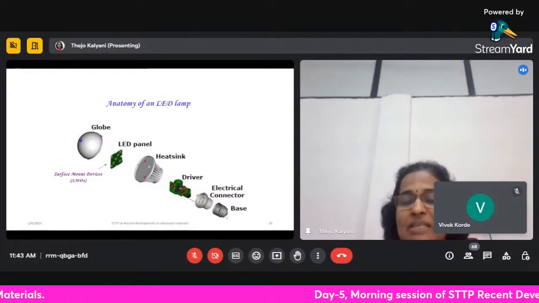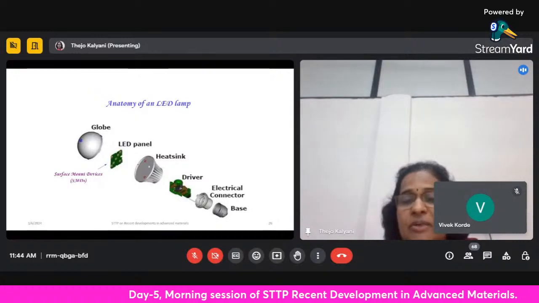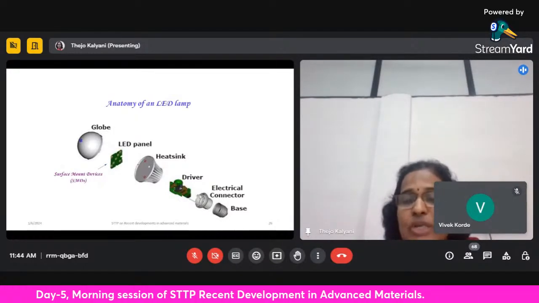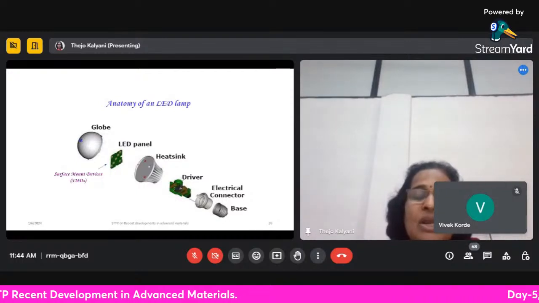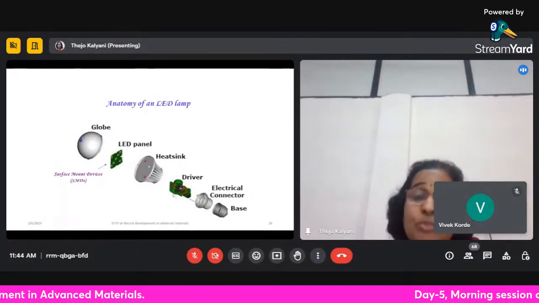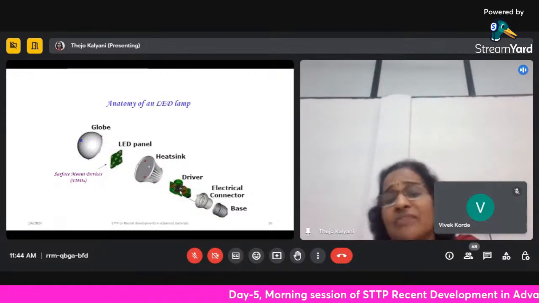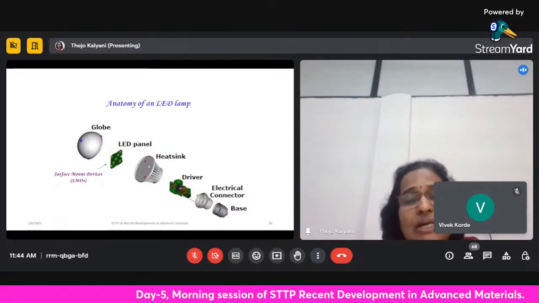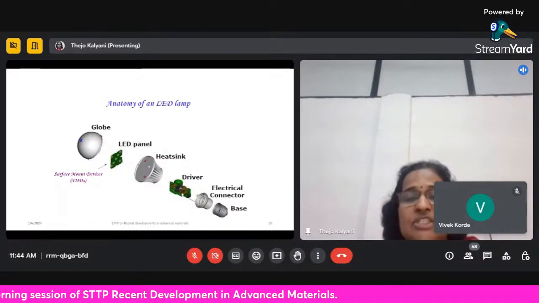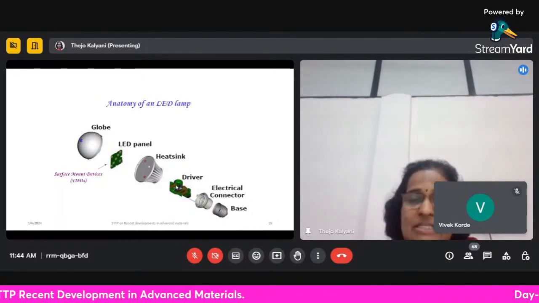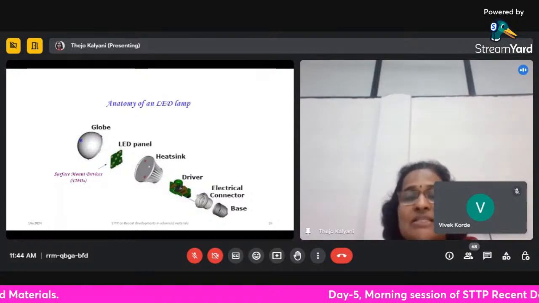This is the base, which is the part we fix to the fixture, and this is the LED connector which connects the base and the driver, and the driver is the one which is going to power up the LED, and this driver is going to convert the AC to DC. During the process of conversion, a certain amount of heat is released, and hence the heat sink is going to protect the device from damage.